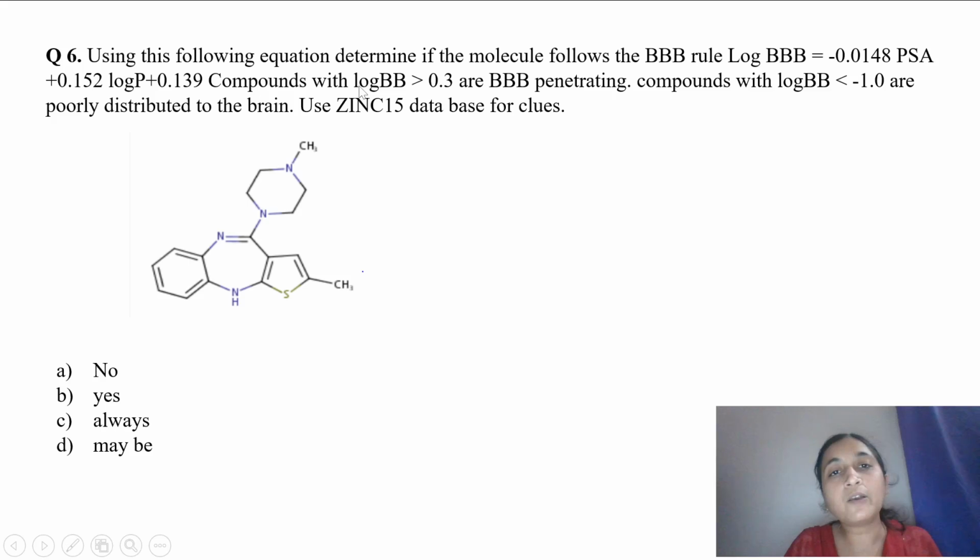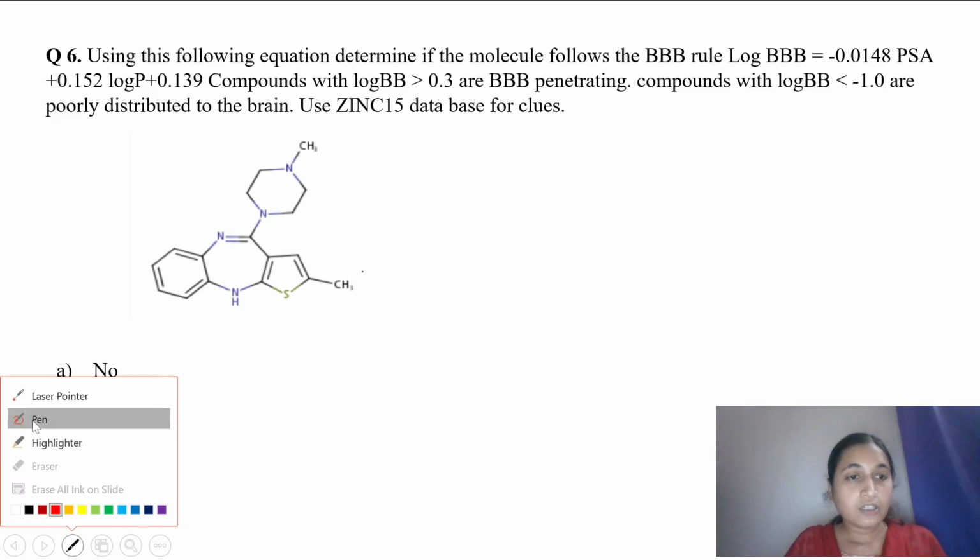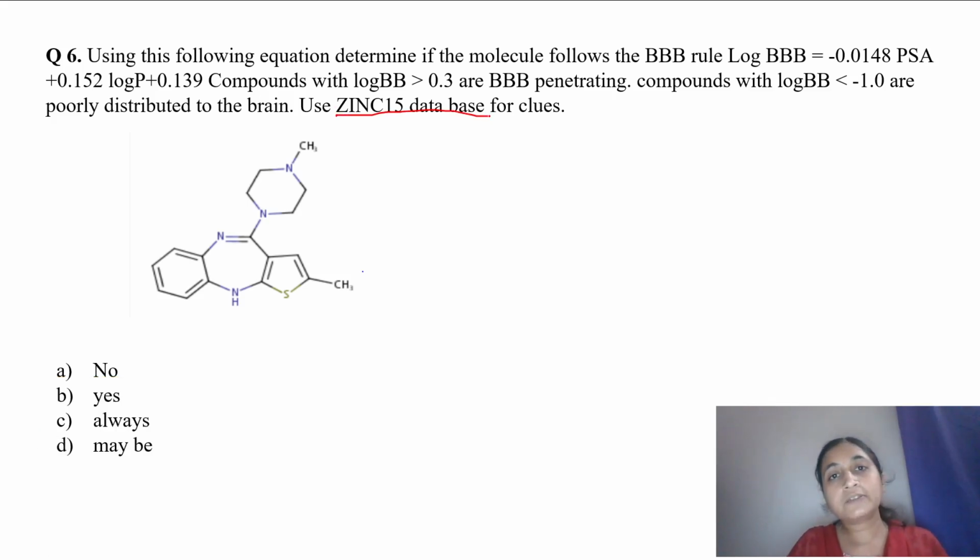So compounds with log BB greater than 0.3 are blood-brain barrier penetrating, and compounds with log BB smaller than minus 1.0 are poorly distributed to the brain. Use the ZINC15 database for a clue. So we will draw this structure in the ZINC15 database because here they have given the clue to use ZINC15. So let's draw this structure in the ZINC15 database and see.